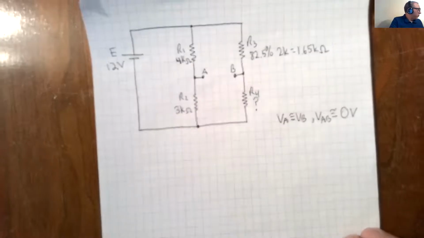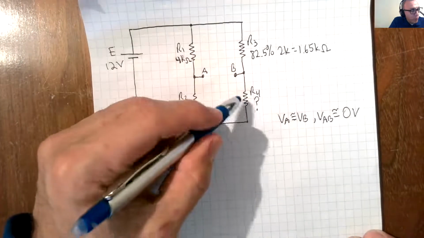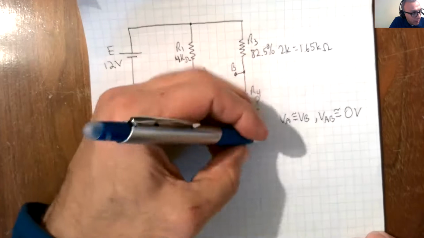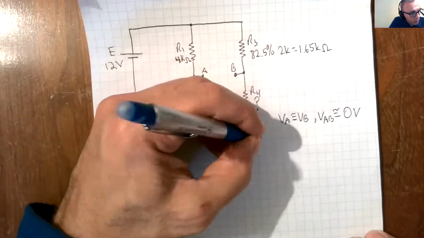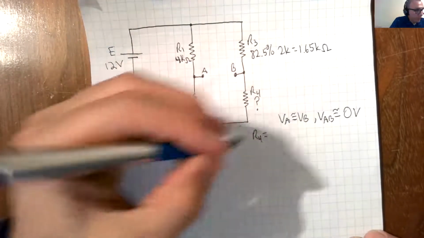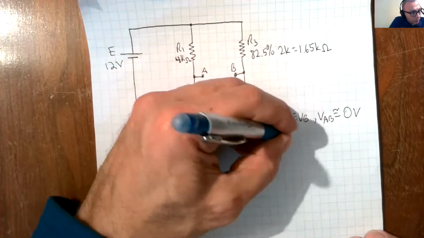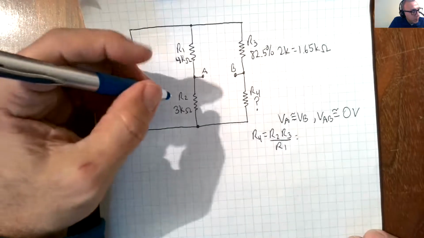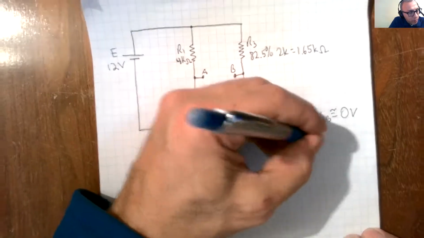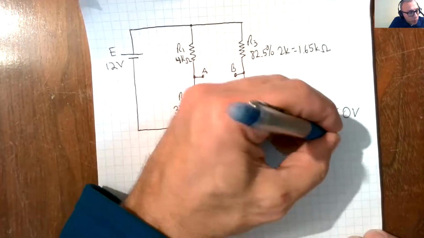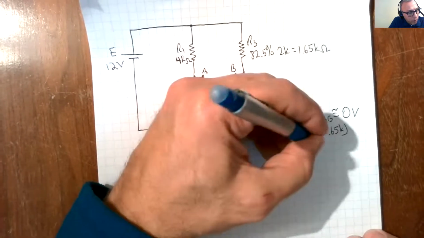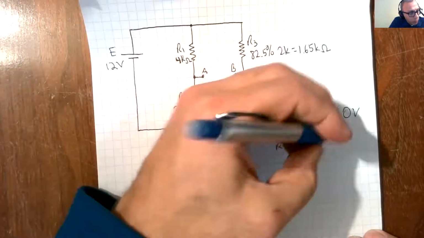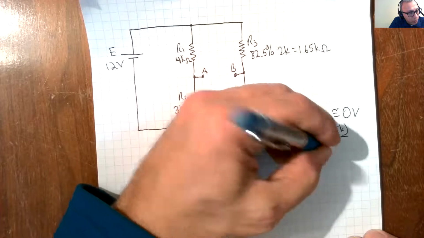So now, if you remember from before, if we want to calculate this resistance, R4 is equal to R2 times R3 over R1, where R2 is 3K, R3 is 1.65K, over R1, which is 4K.